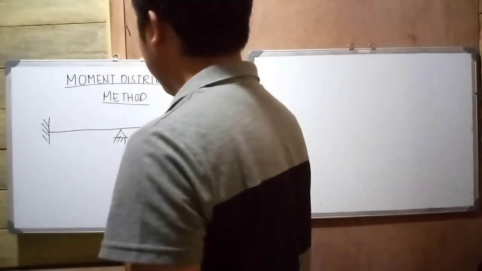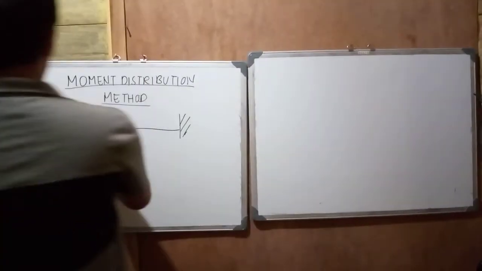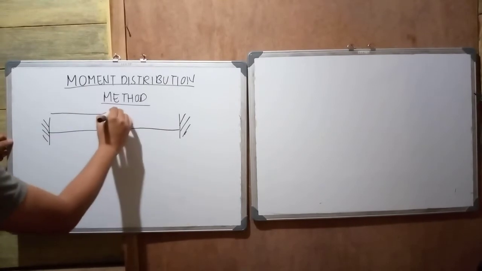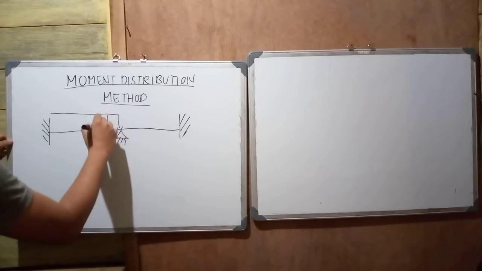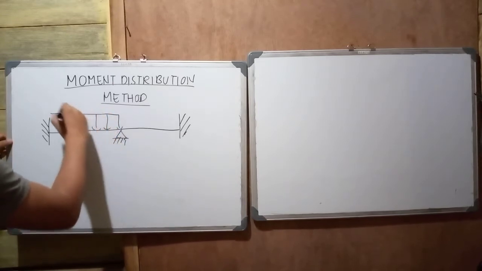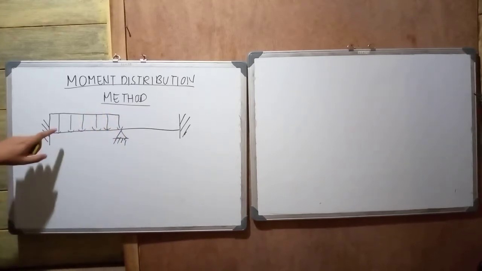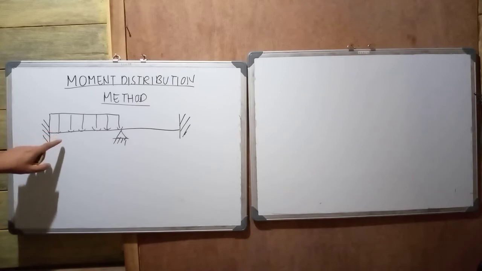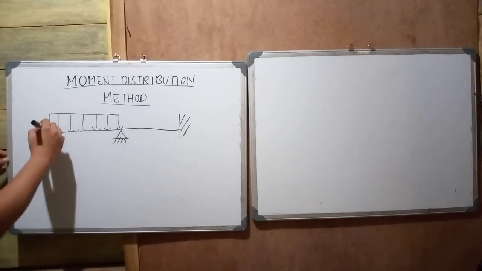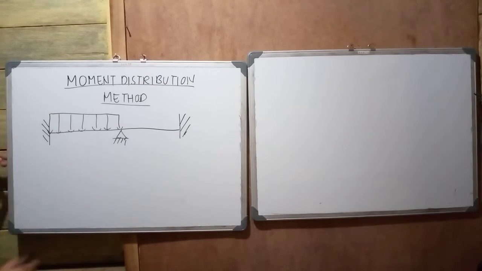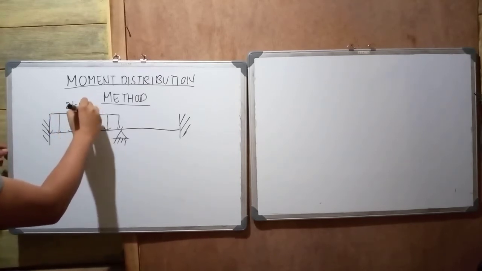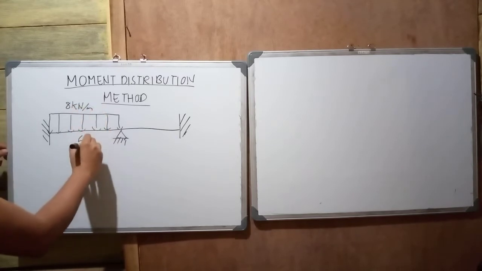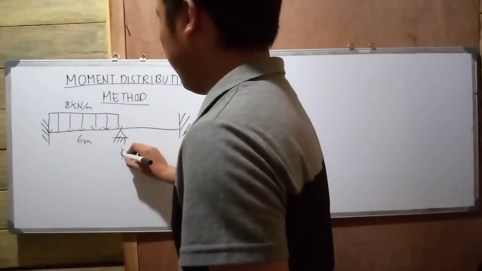Let us say we have a uniformly distributed load of 8 kilonewton per meter, and the length is 6 meters, and here let us say 5 meters.